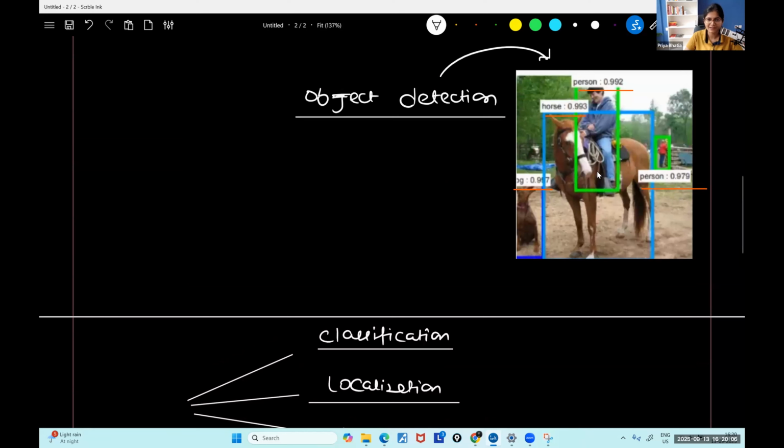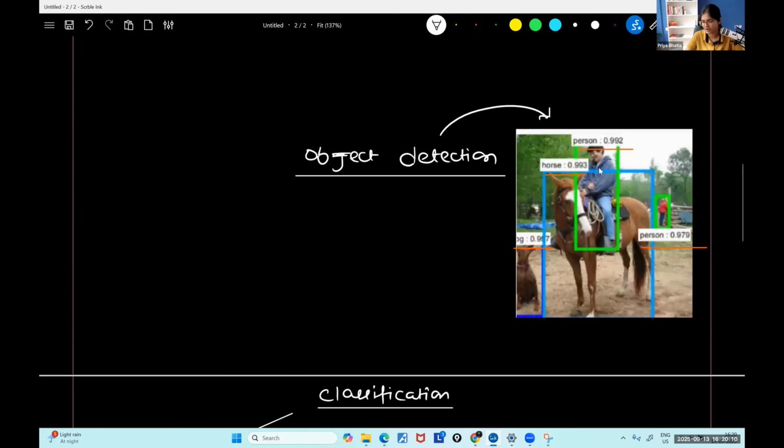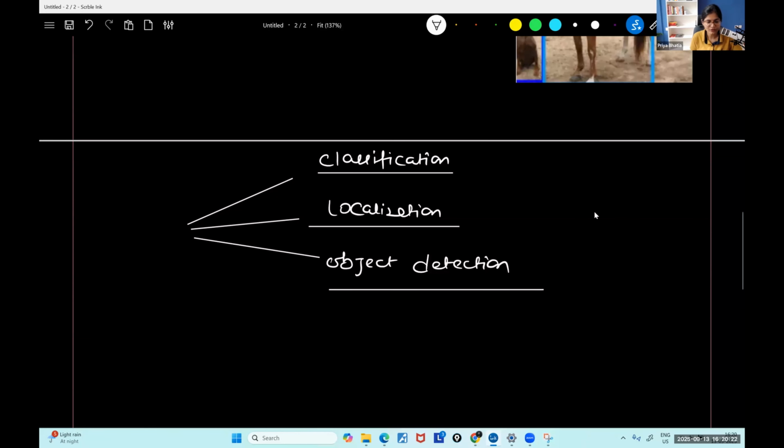The percentage is a kind of probability which the model is giving for that specific class. If it belongs to person, what is the probability it has? If it belongs to horse, what is the probability? Whichever is the maximum probability, that will be the result the model gives us. So obviously, when we're talking about object detection, it is trying to focus on multiple objects which are available in a single image.